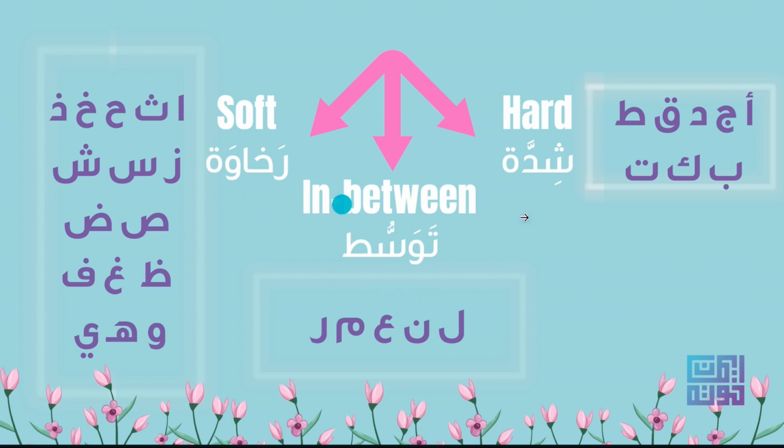What we do is that we learn those letters that have shidda, and then we know the letters that have tawassut, and all the remaining letters are the letters of rakhawa. Okay, so this is what we do actually. We learn the character that has the minimum letters, and we know them by heart, and then all the remaining letters belong to the rakhawa.